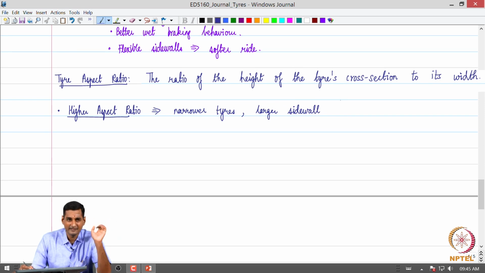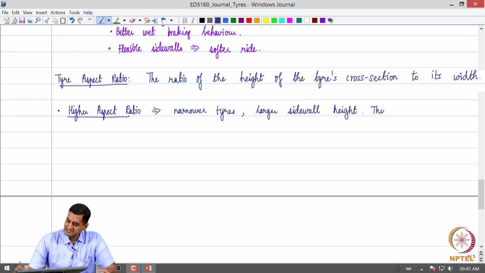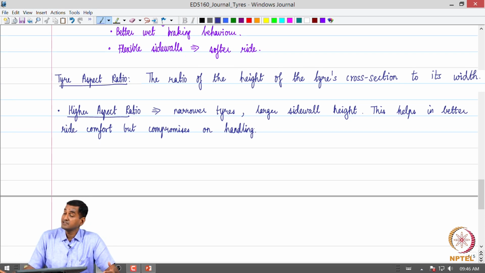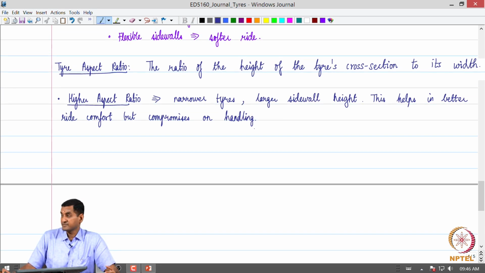Typically it has been found that this helps in better ride comfort, but compromises on handling. That is the limitation with a higher aspect ratio.